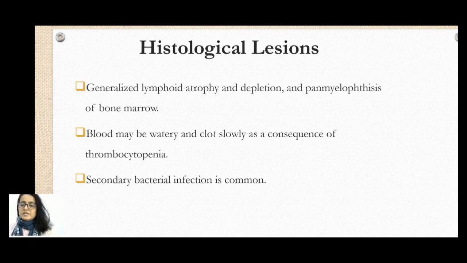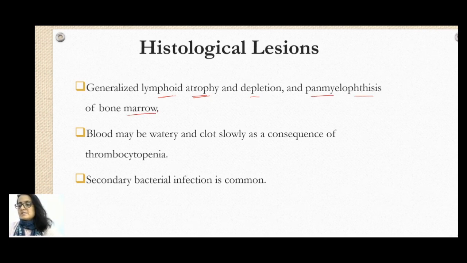Then next one is the histological lesions. Histologically, there is generalized lymphoid atrophy. All lymphoid organs are atrophied, and there is depletion, and panmyelopathy of the bone marrow.